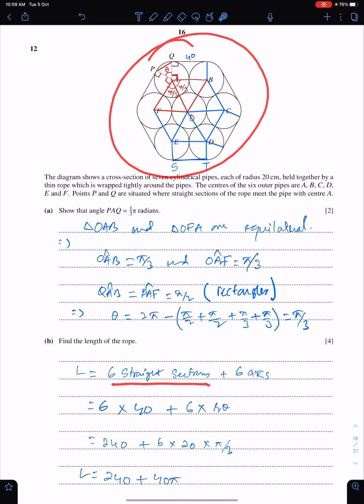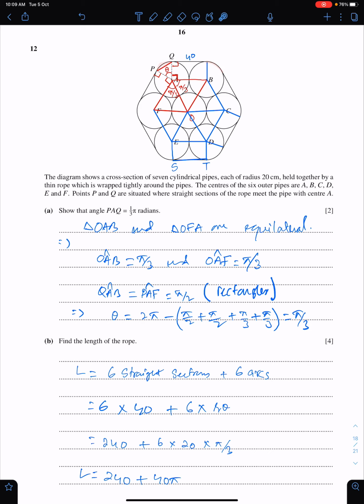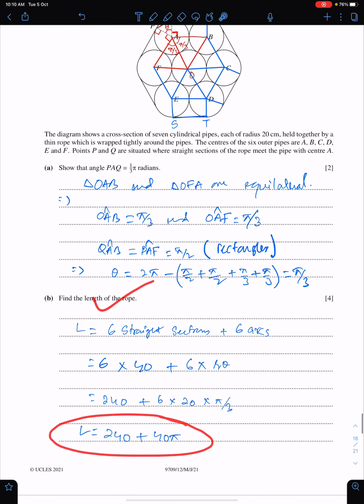This is one arc, second arc, and 6 arcs. This straight section has length 40 because of this radius and this radius. This is 20 and this is 20, so this total is 40. So 40 times 6. And this arc has length r theta. We know r is 20 and theta is pi by 3. So this is the total length. Exact answer.